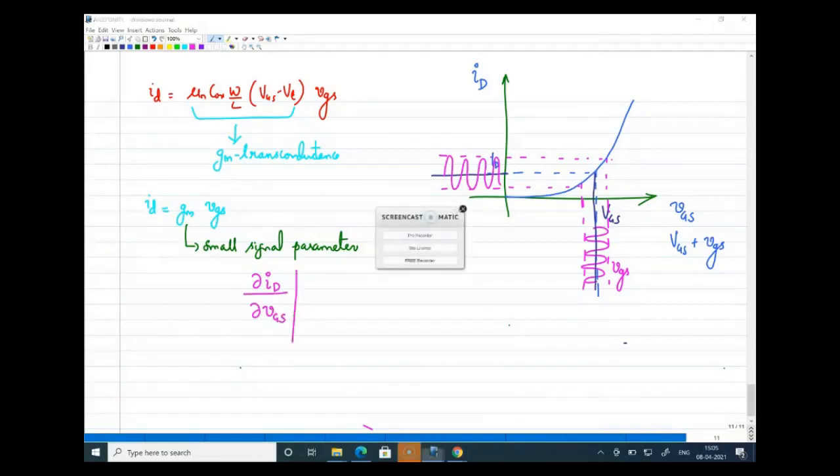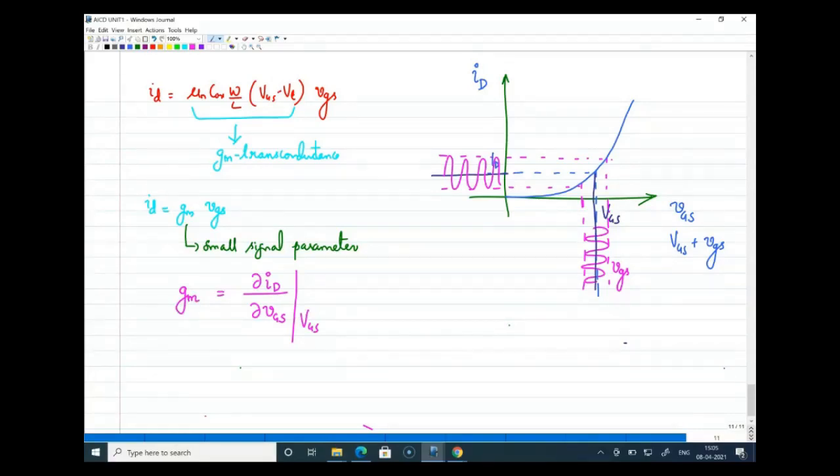So this is happening not somewhere, it is happening at a constant VGS. Around an operating point, VGS will give you the transconductance value gm. Is that clear?